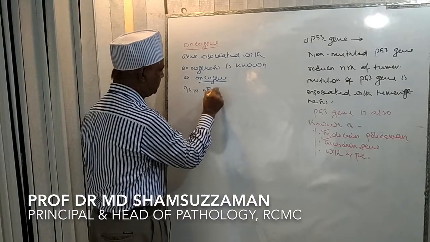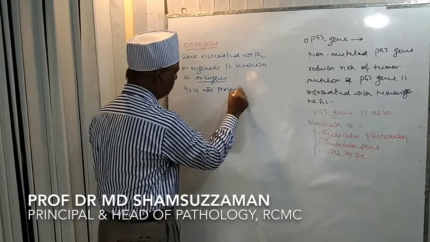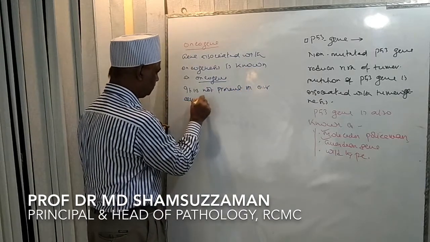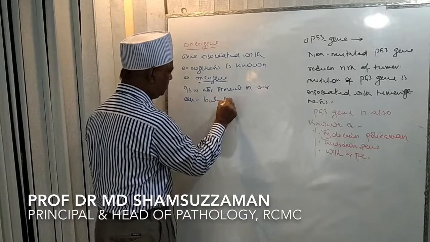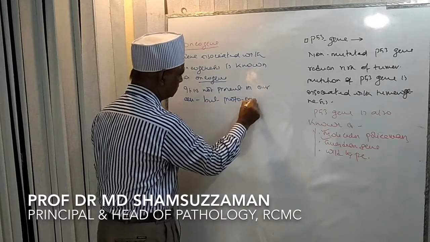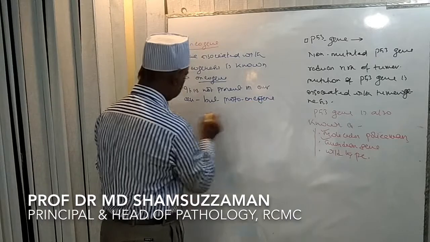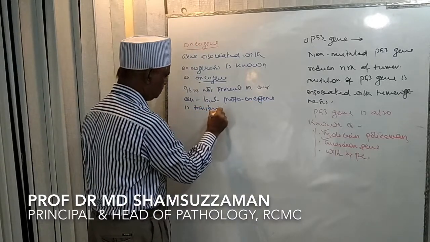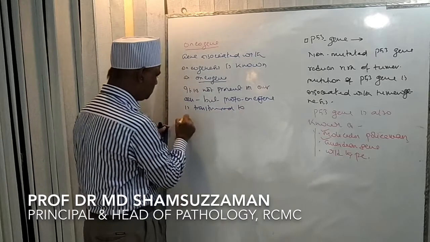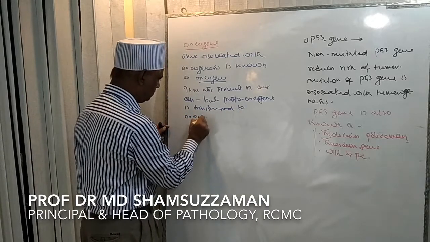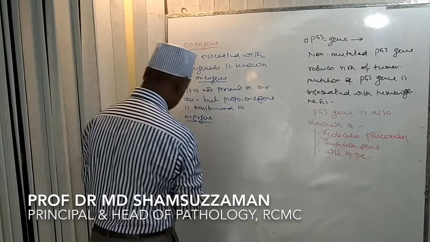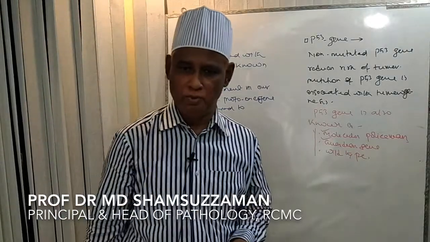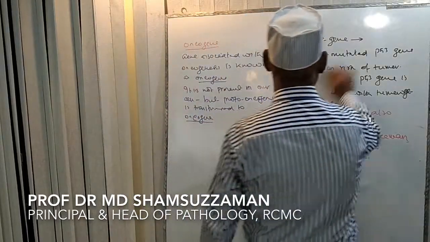Oncogene is not present in our cell, but Proto-oncogene is transformed to Oncogene. Now come to how Proto-oncogene is transformed to Oncogene.